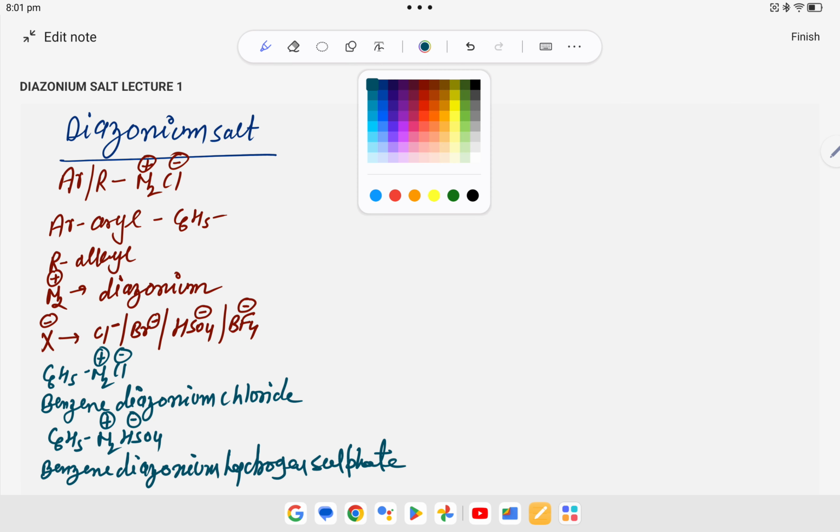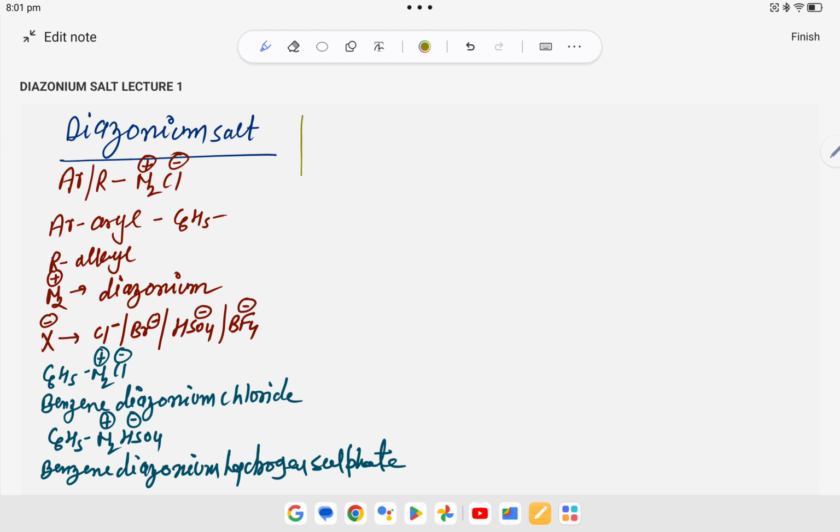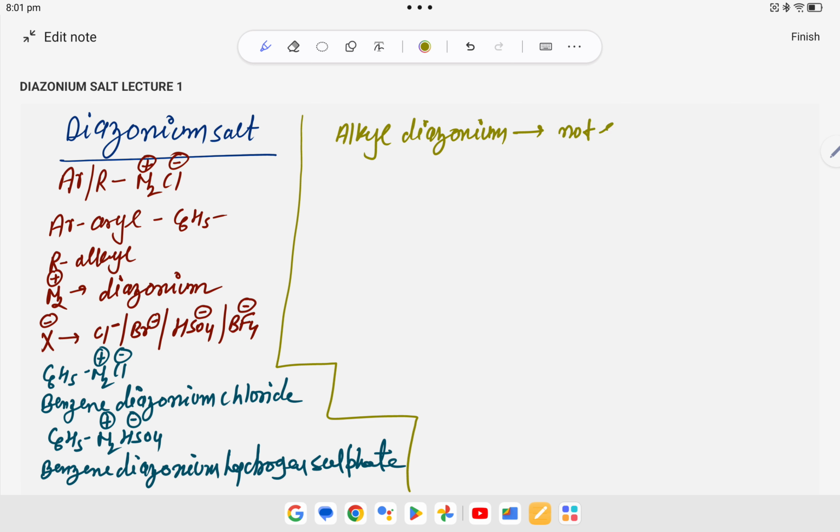So children, in that case, alkyl diazonium salts are not stable. They are not stable. So we are not going to discuss the alkyl diazonium.